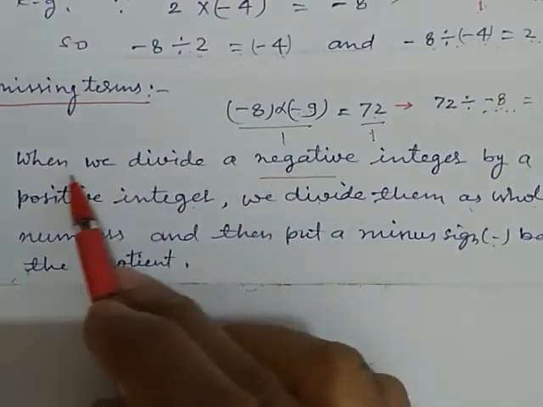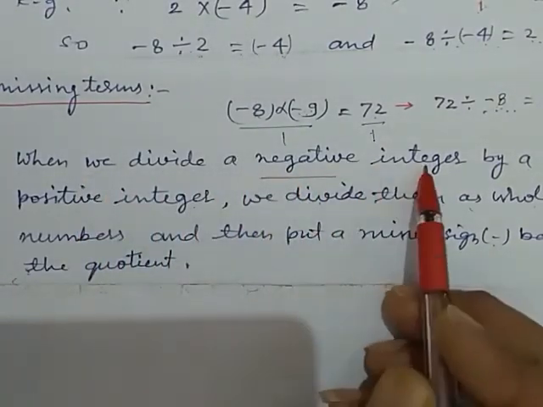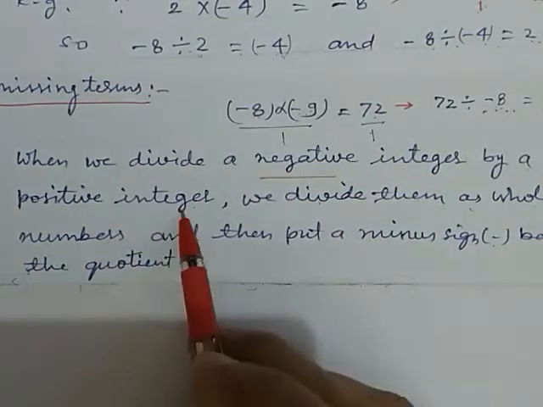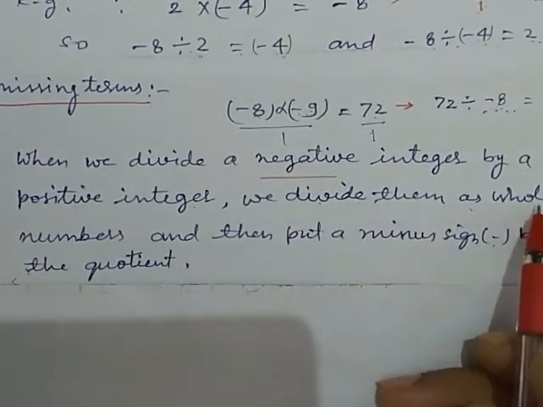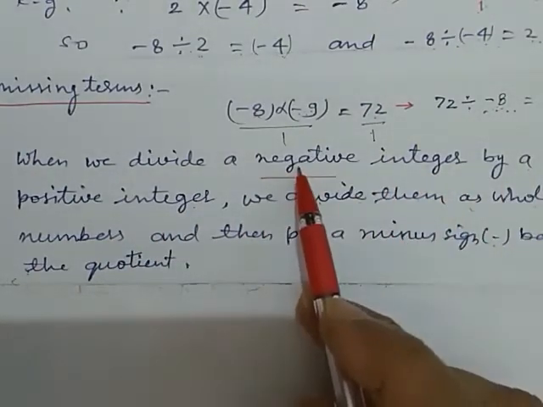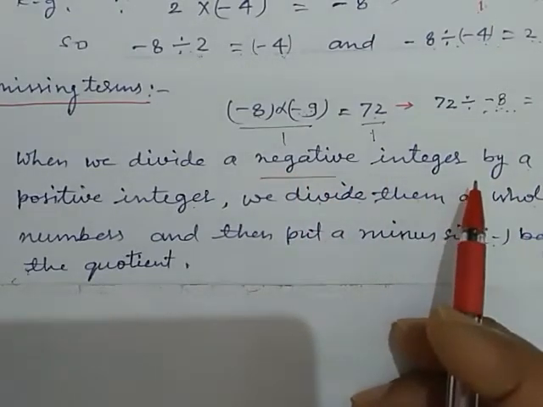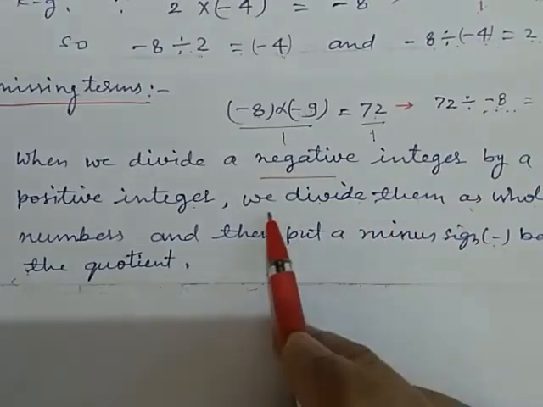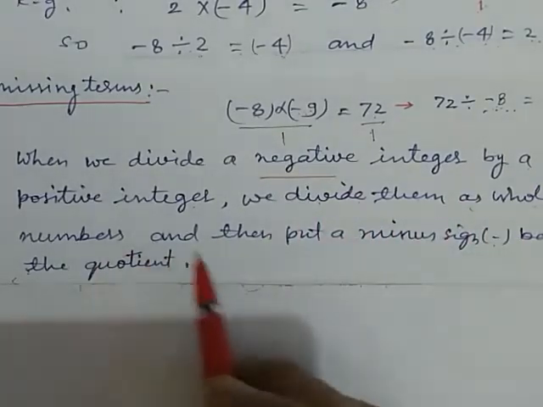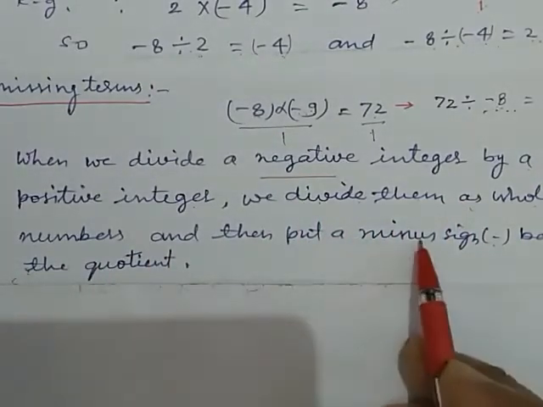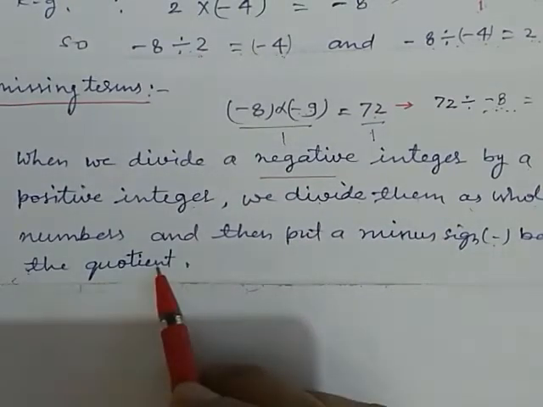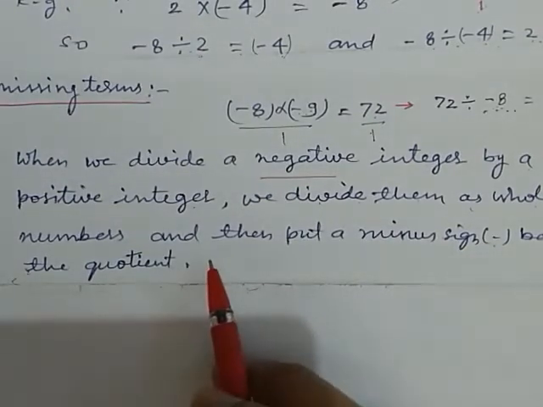Again I repeat, when we divide a negative integer by a positive integer, first we divide by considering both numbers as whole numbers, ignoring the sign, and then put a minus sign before the quotient. That is the result.